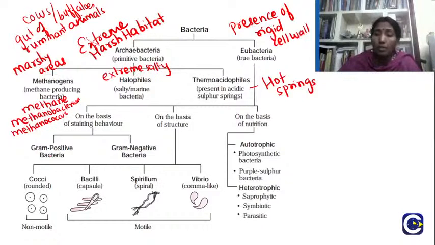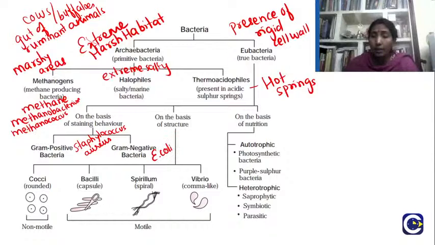Gram positive bacteria, for example, Staphylococcus aureus, which you would have heard of. I have told you when I took Human Health and Disease. So Staphylococcus aureus is a gram positive bacterium. When we talk about gram negative bacteria, we have E. coli, which I told already.